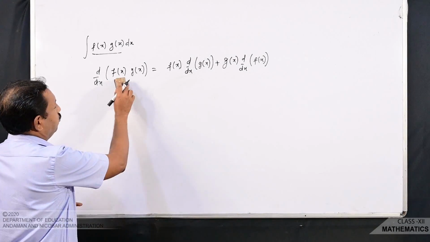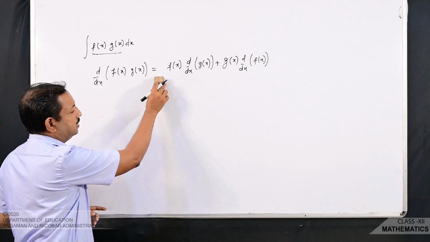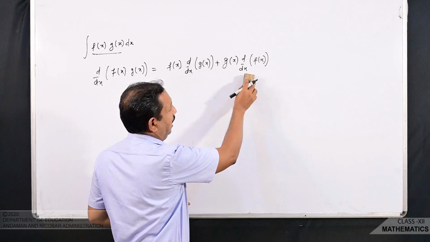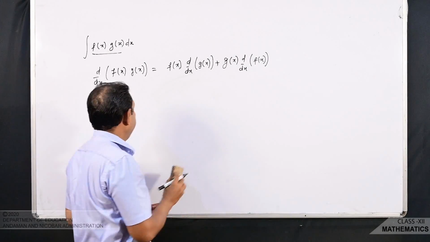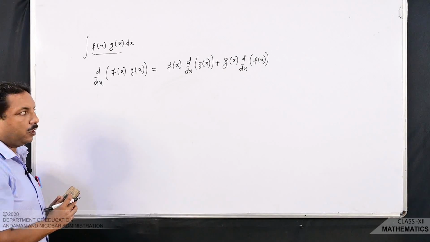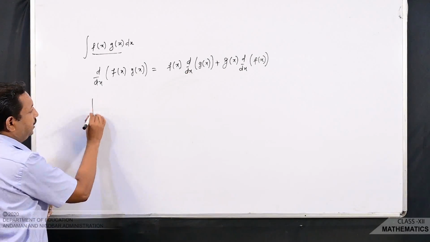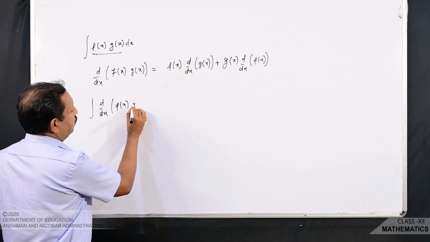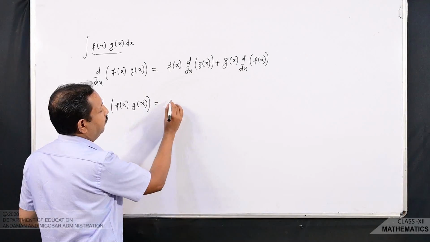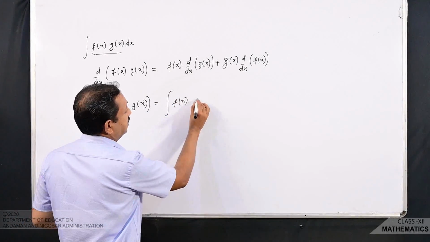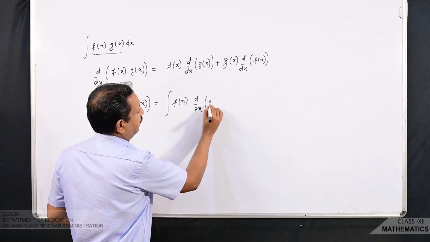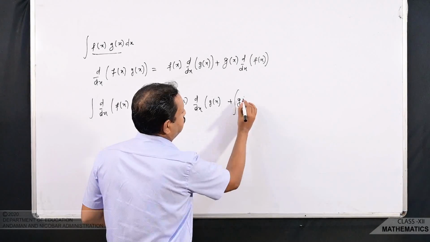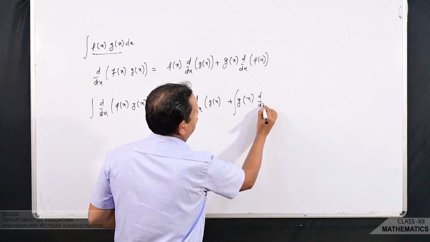Here the derivative of the two functions f of x, g of x is given as f of x times the derivative of g of x plus g of x times the derivative of f of x. Now, if I take integration on both sides of this product rule, then the integration of the derivative of f of x and g of x will give you the integration of f of x times the derivative of g of x plus the integration of g of x times the derivative of f of x.